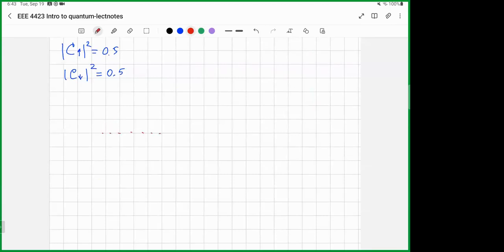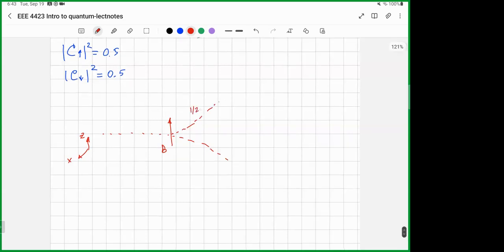So we have these electrons here, right? We can apply a magnetic field in the z direction. So this is my z direction, this is the x direction. I apply a magnetic field in the z direction, and this magnetic field splits the electrons into two beams with 1/2 and minus 1/2 in the z direction.